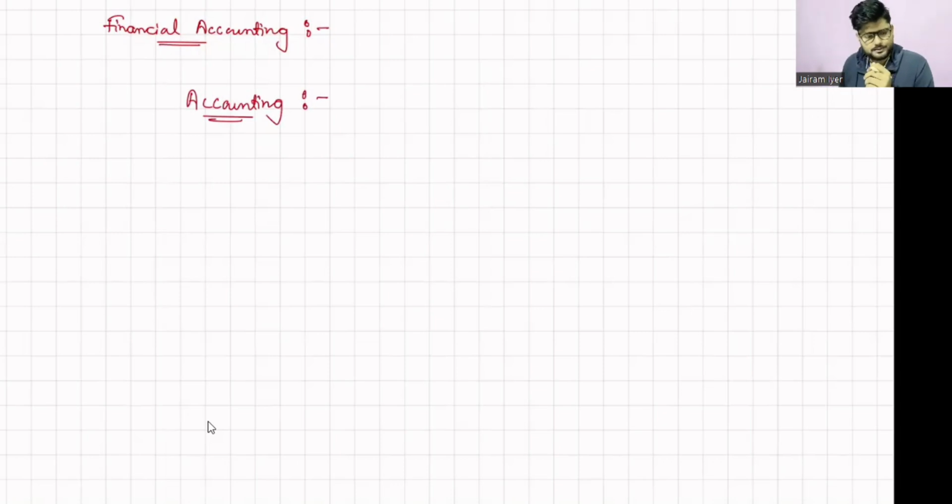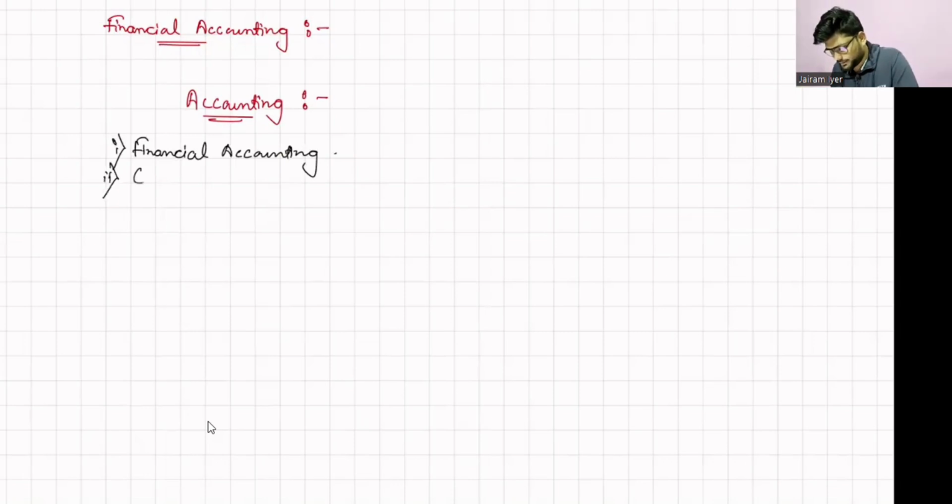You have one subject itself: cost accounting, management accounting. So the very first is financial accounting itself. The second is paper 8 in your syllabus, that is cost accounting. And the third one, which is there in the new syllabus, is management accounting.